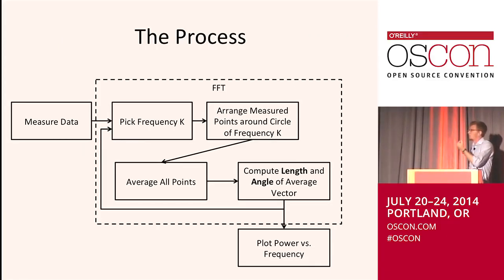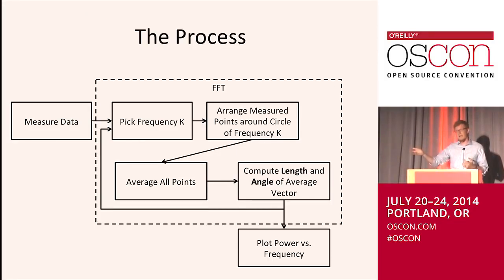So in a block diagram, what we're doing is we, again, measure the data. We pick a frequency, 1. We arrange our points around a clock traveling at 1 hertz. We average all the points. Now we have an average vector, and we look at the length of that average vector, and we save that measurement.